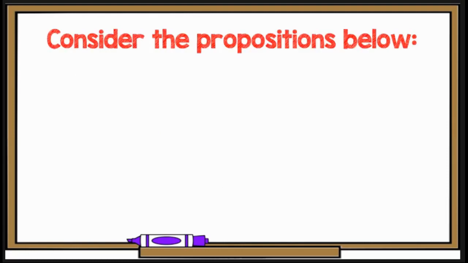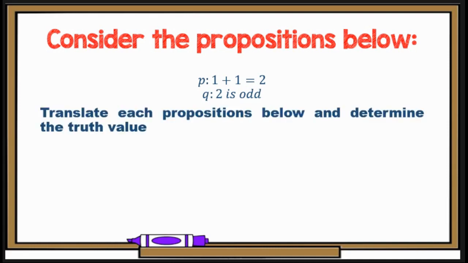Now, let's have another set of examples, with different operators together. Our first proposition P is 1 plus 1 is equal to 2. The second proposition Q, 2 is odd. We have to translate each proposition below and determine the truth value.